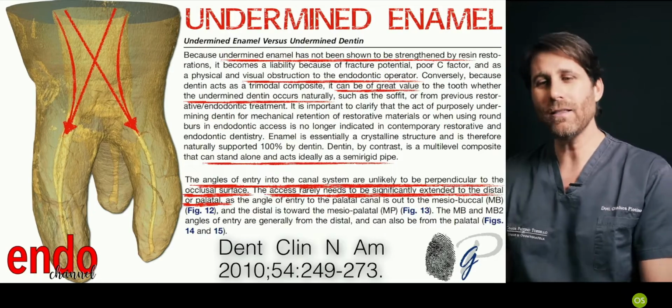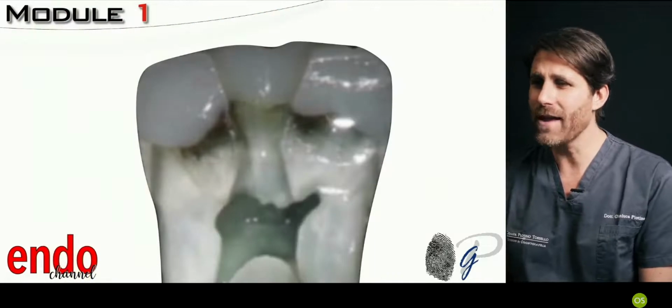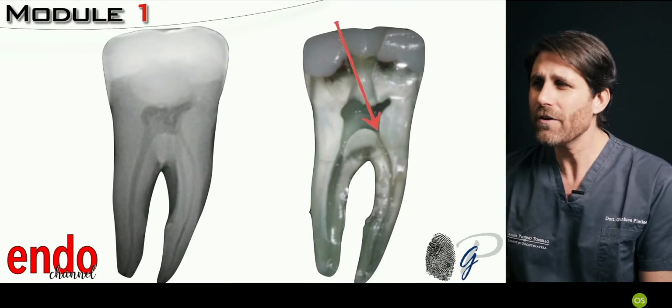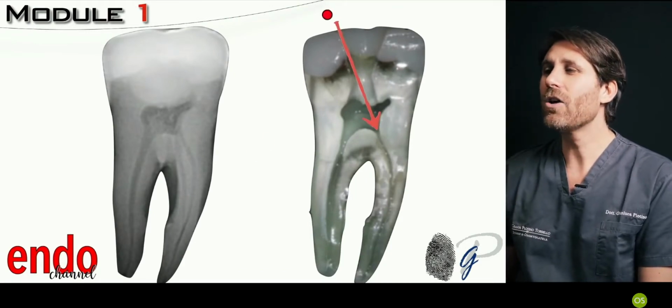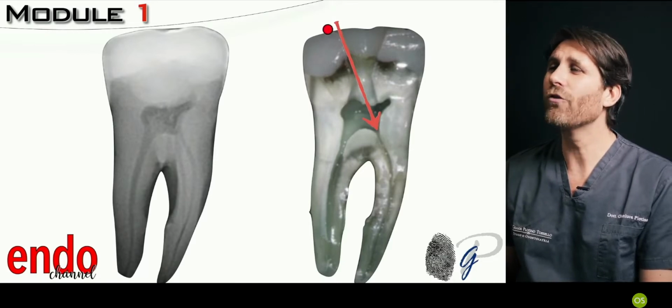We need to extend the access towards the projection of the orifice on the occlusal surface. Like we can see clearly in this image, the orifice projection on the occlusal surface usually comes in contact with the interference of enamel on the opposite side.